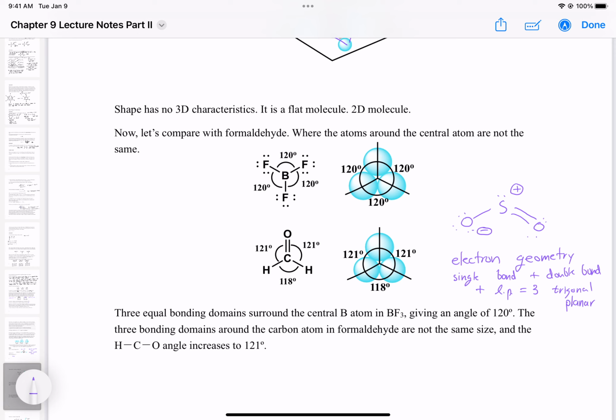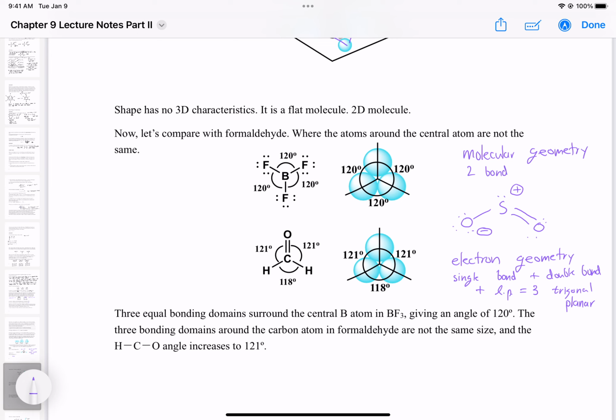Now, how about the molecular geometry? Well, it doesn't have all bonding electrons for the domains. There are 2 bonding domains and 1 lone pair. When we have that, we don't call it trigonal planar anymore because we have a lone pair. So we call this bent.